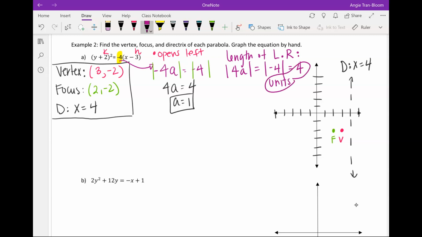If I know it's 4 units total, I can go up 2 from the focus and down 2 from the focus to finish graphing by hand. And remember, I may ask you to find the location of the latus rectum, so might as well get used to labeling these. This is 2, 2, and then this is going to be 2, -2.